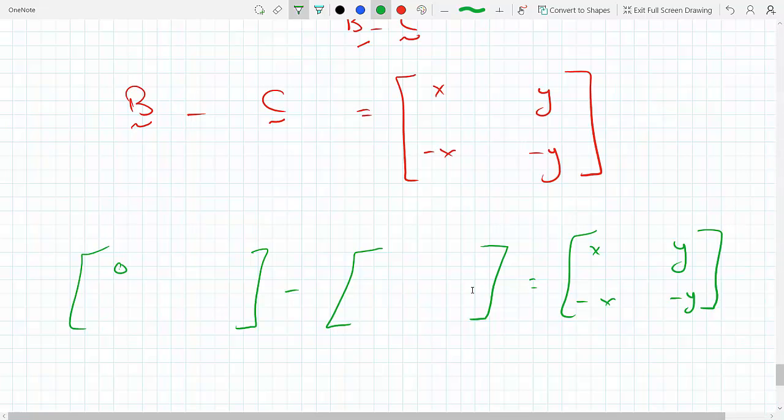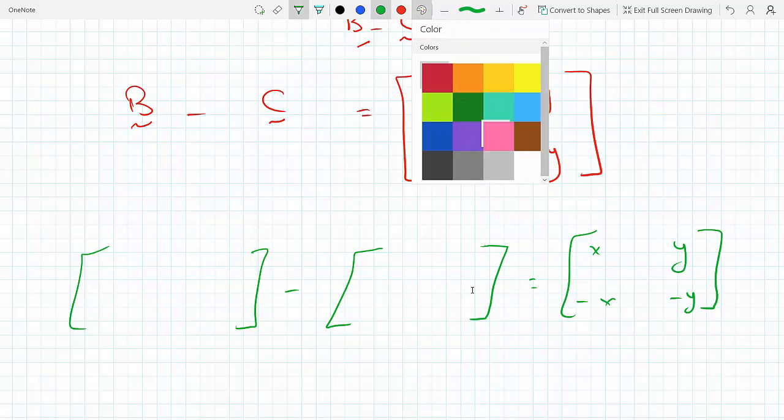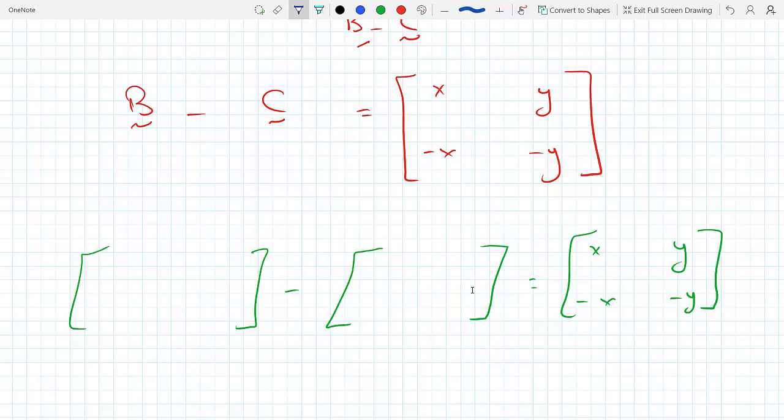I could have 0 0 here, minus, and I could put here, right? So now I'm filling this in. Let me use a different color to fill them in. So I need these to be X and Y.